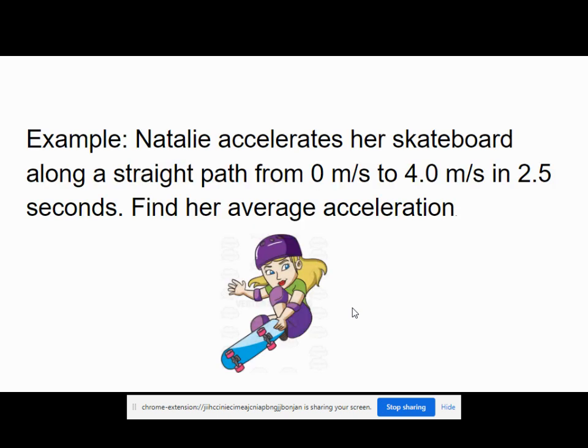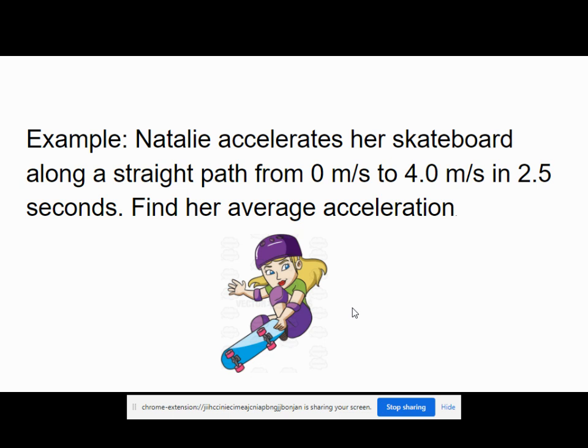Now, Natalie accelerates on her skateboard from 0 meters per second to 4 meters per second in 2.5 seconds. So all that means is we take our 4, subtract 0 from it, and then divide by 2.5. Make sure you put that down.